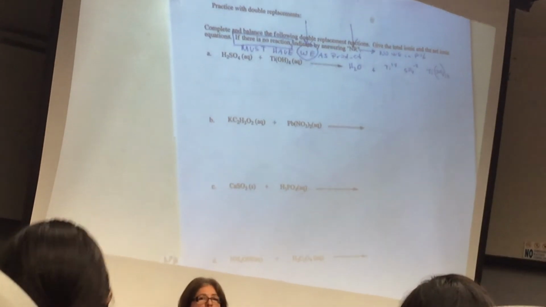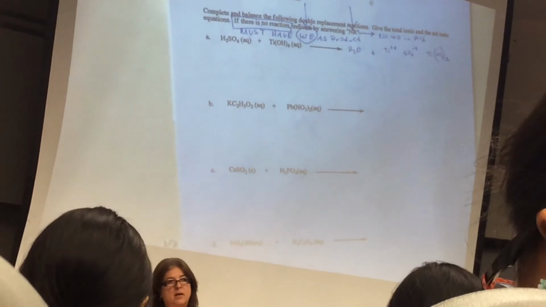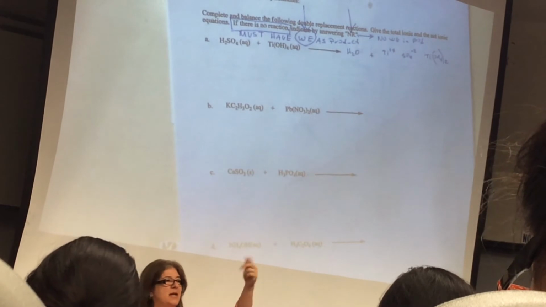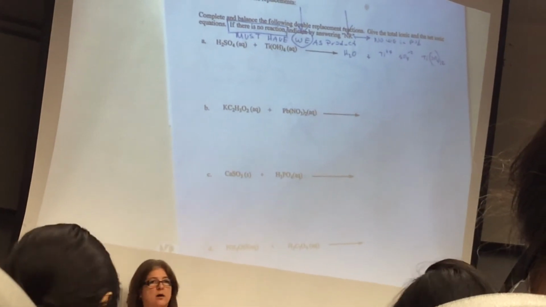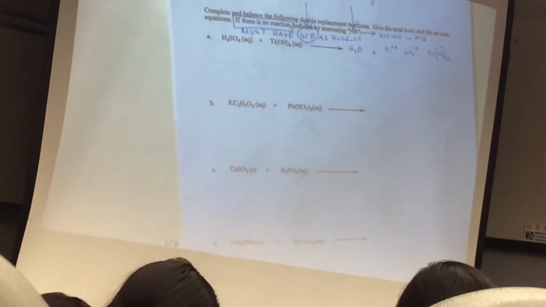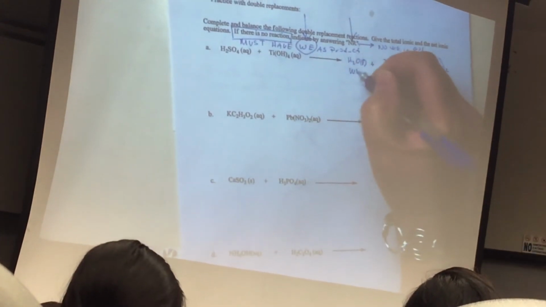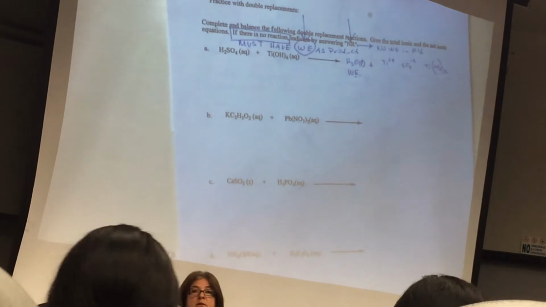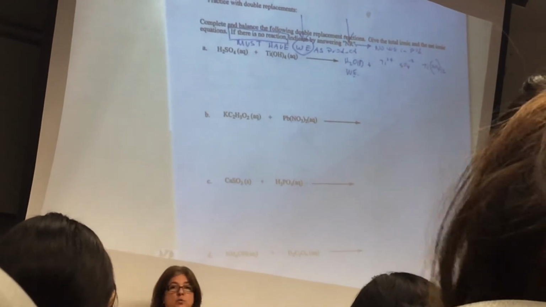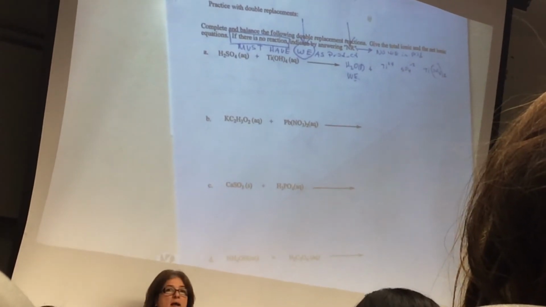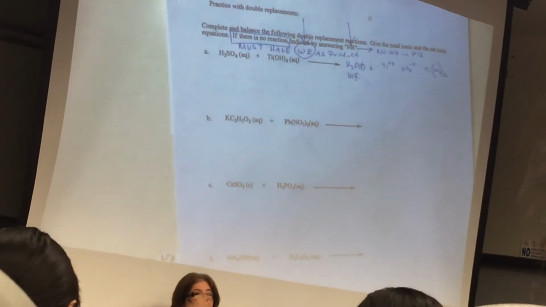What are the weak electrolytes? Weak acids, weak bases, insoluble salts, gases, and water. Oh, look, water. Did I find a weak electrolyte? Yeah, you betcha. Does this reaction occur as written? Yes, it does. Why? Because I found a weak electrolyte among the products.